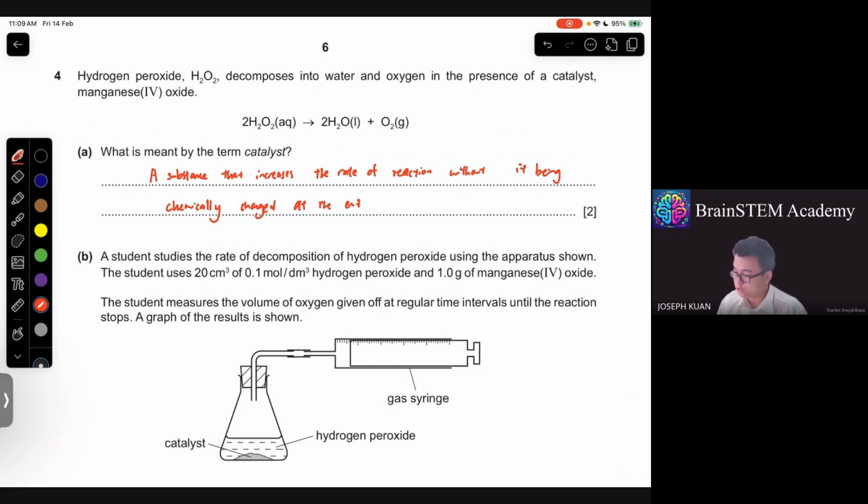Or you can say it is not used up. You can also talk about how it lowers activation energy.